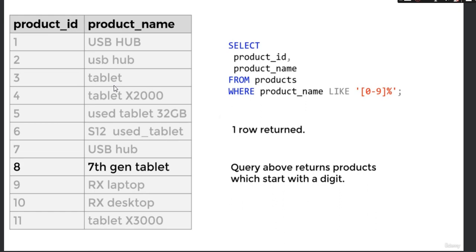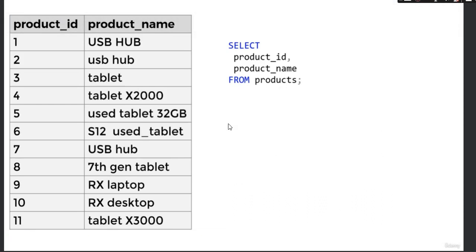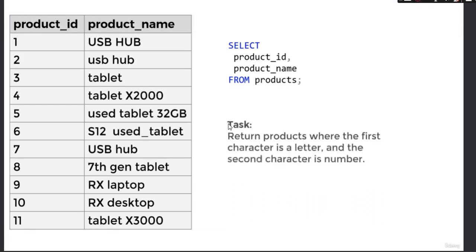So this returns a row from the product table, as it starts with a number: 7th gen tablet. Let's say we have the following task: return products where the first character is a letter and the second character is a number.